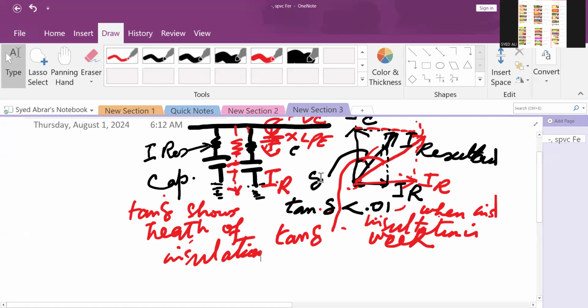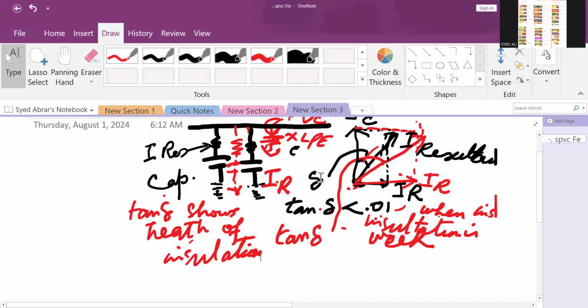So I hope you understand what tangent delta is. Again, tangent delta has two more names: dielectric loss or the dissipation factor of the insulation, and the tangent delta value must be very, very small. It should be less than 0.01, and if it is greater than 0.1, then it is alarming.